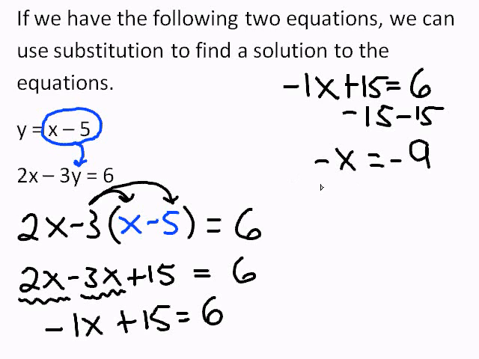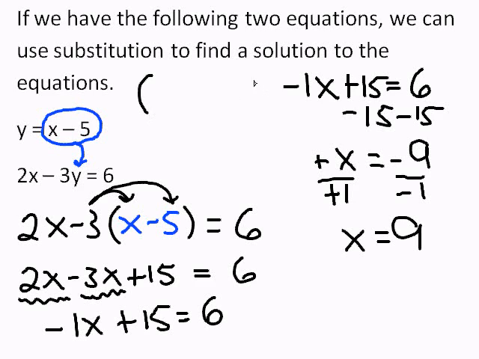To get x by itself, I divide both sides by a negative 1 to get rid of that negative in front of the x. And this will leave me with a positive x, because a negative over negative is a positive, is equal to a negative 9 over a negative 1, which is a positive 9. So we've solved for our x value by substituting the y into the other equation.